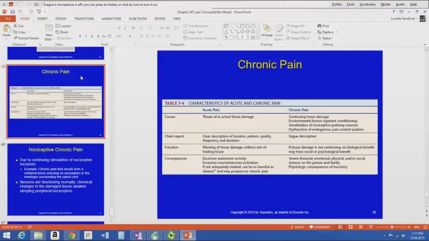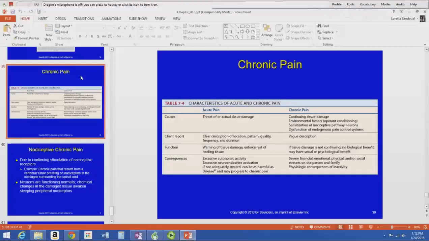So the consequences of acute pain: excessive autonomic activity, excessive neuroendocrine activation, and if it's not adequately treated, it can be as harmful as a disease, and we'll talk about the pain as disease theory, and it may progress to chronic pain. So if you have acute pain that's not adequately treated, it can actually progress to chronic pain. Now, chronic pain, on the other hand, has huge consequences.